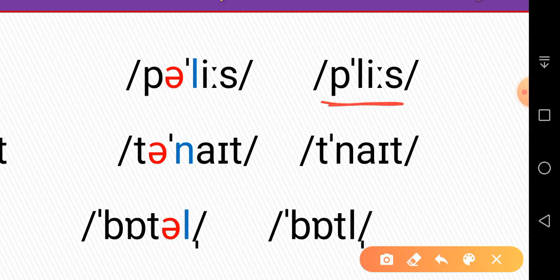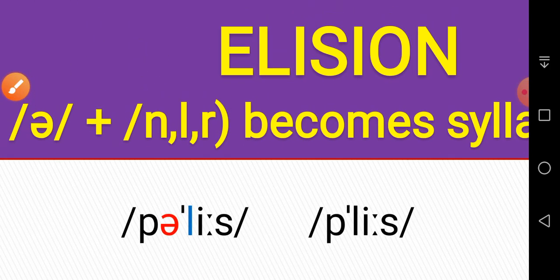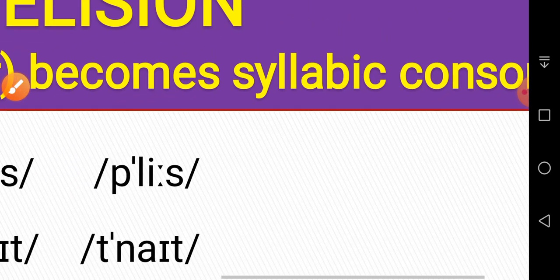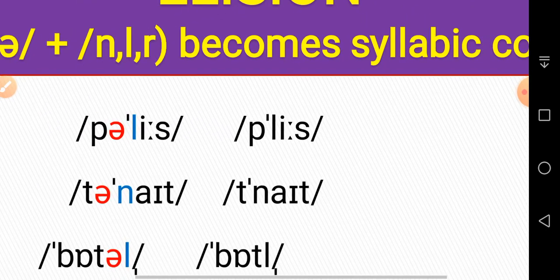Although there are two syllables here, this one is clear. This one is consonant, vowel, consonant, but this seems to be a consonant only. So where is the vowel? The vowel is schwa, so schwa is missing. So this L, which is a letter, if we consider it as a sound, then we pronounce it as L. So this is known as a syllabic consonant. Syllabic consonant means a consonant that gives us a syllable.